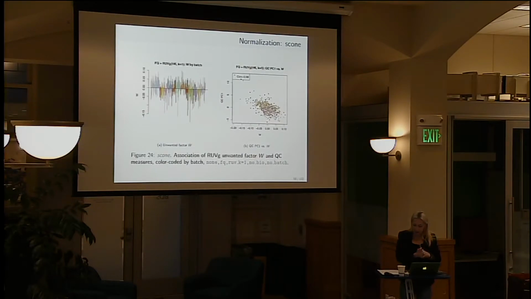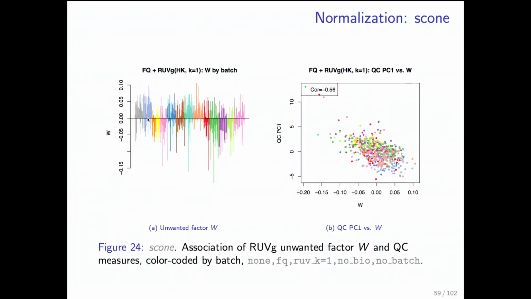One final thing, which hopefully also adds to what we were just discussing, is looking at what the unsupervised RUV normalization returns. This is kind of like a factor analysis that's based on the negative control genes. This is a plot of the factor returned by this unsupervised normalization. You can see here it's color-coded by batch, so it does capture on its own some of the batch effects.